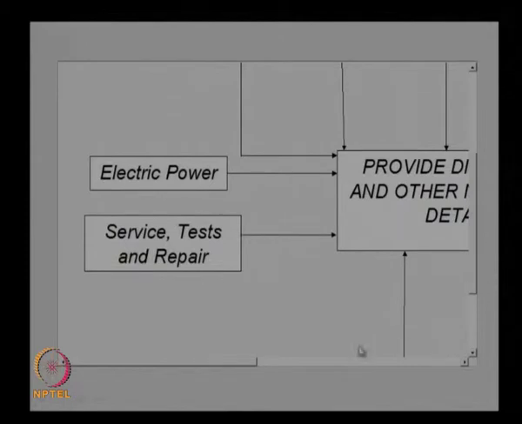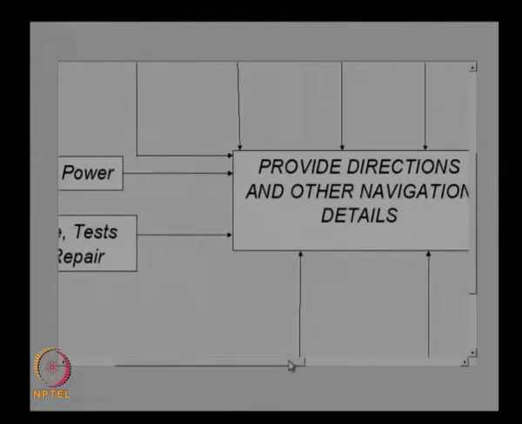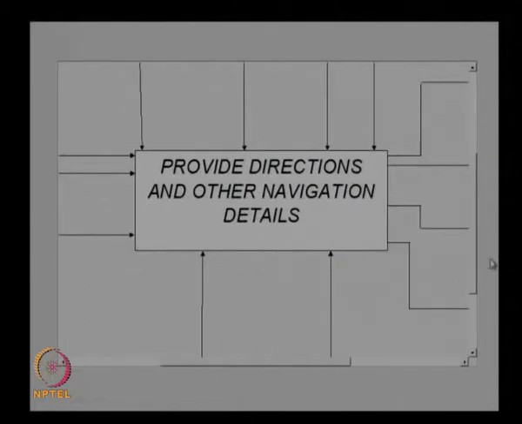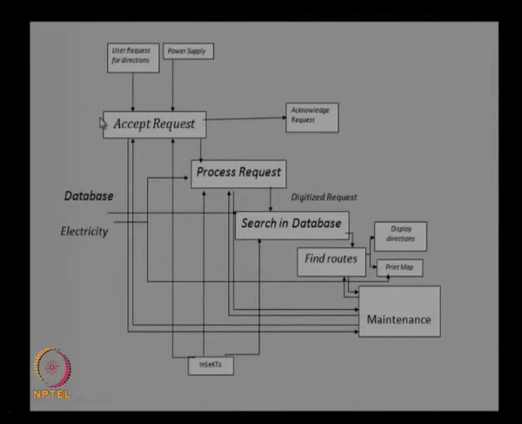Now, we will develop it further, or we will decompose this function further using IDEF0 methods. So, we will go for the A1 diagram, which shows the sub functions that can be identified from the A0 function. The A0 function is decomposed into 4 main functions, as you can see: accept request, process request, search database, find routes.